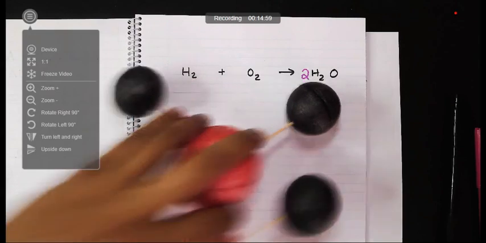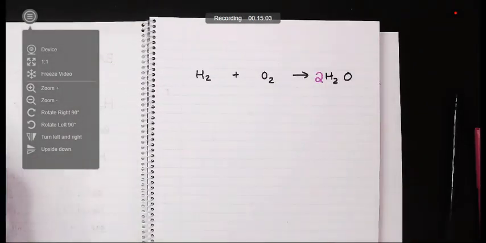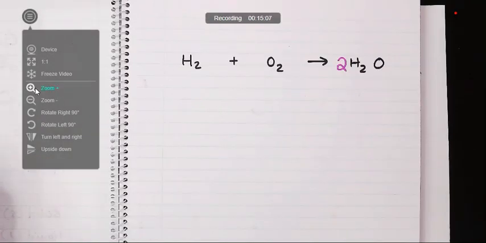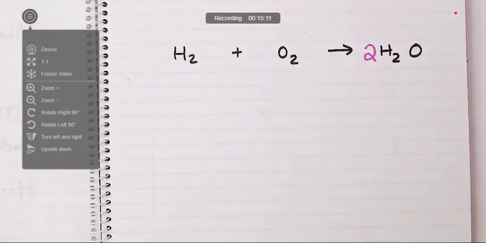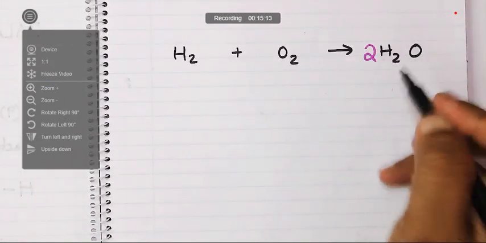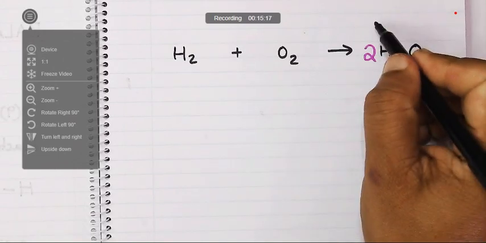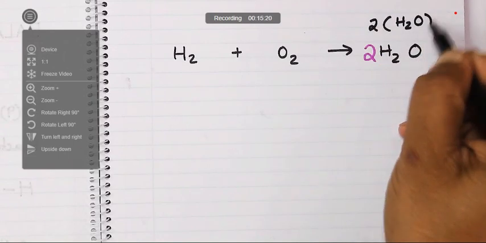Okay, then here let's count how many hydrogen atoms we have. Look at here. This 2 belongs to both of them, like in mathematics, so let me write that in mathematical form.